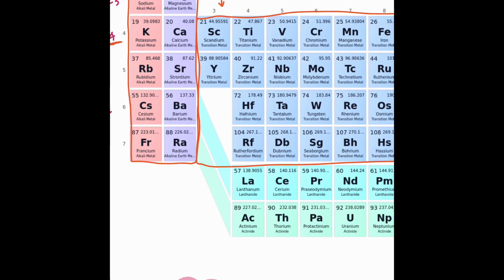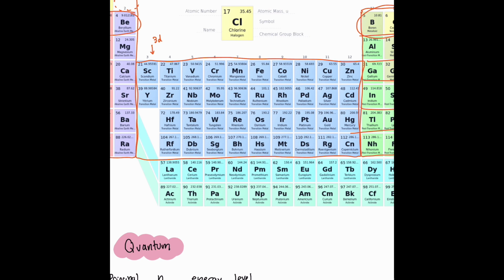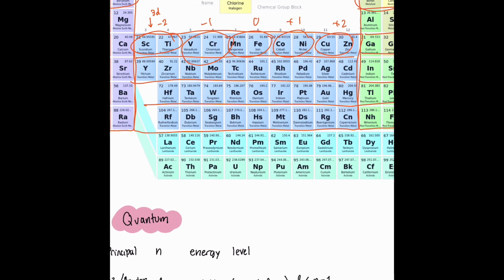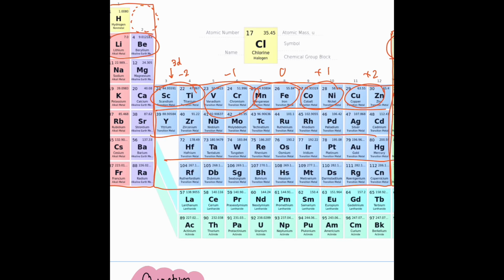Okay, now let's talk about the F block. But before we do that, one really quick thing. We know that our D level is going to have 5 orbitals, 1, 2, 3, 4, 5, where values can range from -2 to +2, so -1, 0, +1, +2, etc. And then each orbital can hold 2 electrons, so we are given 10 electrons in our D. So let's review it.